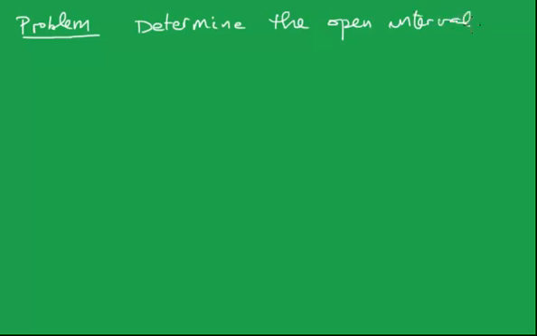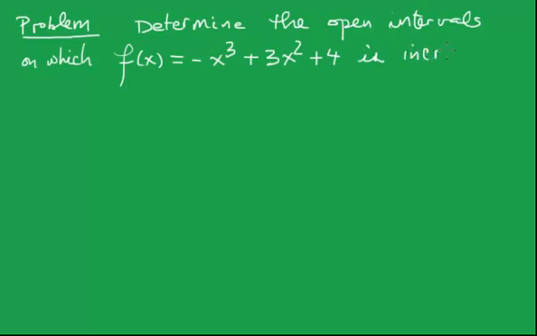Determine the open intervals on which f of x equals negative x cubed plus 3x squared plus 4 is increasing or decreasing.